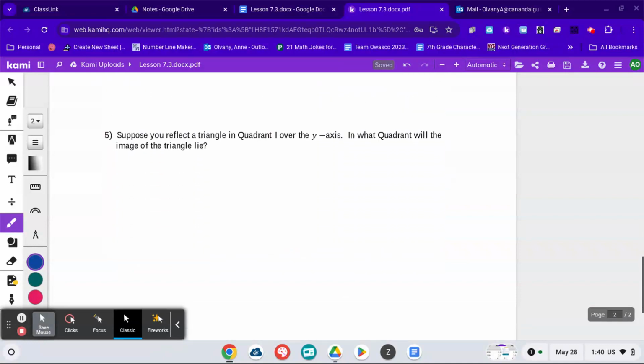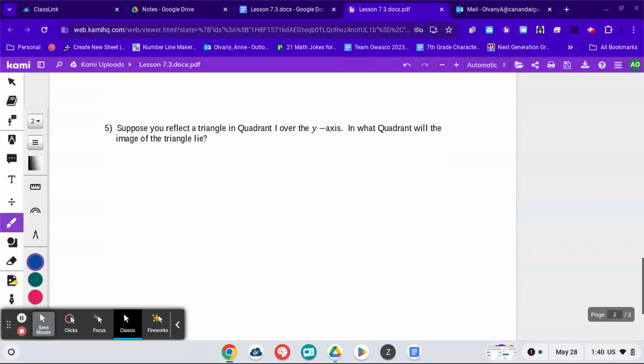Okay. Suppose you reflect a triangle in quadrant 1 over the y-axis. So I'm going to draw a little quadrant here. Here's a triangle in quadrant 1. Remember, quadrant 1 is the top right.